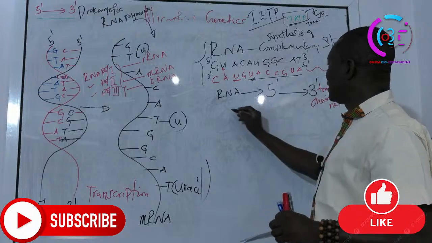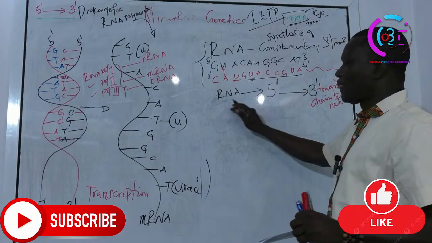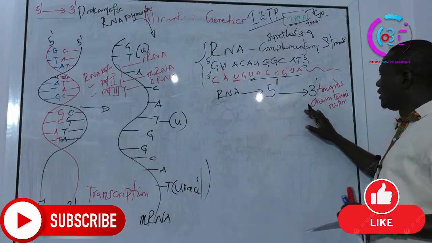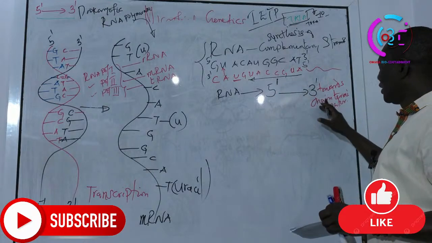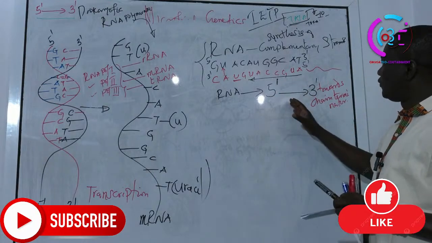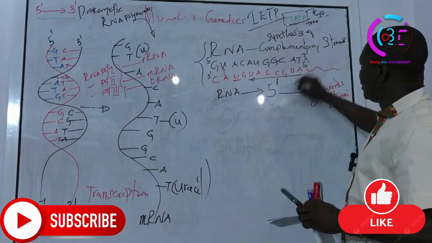And at elongation, the RNA will continue to move from 5 prime end to 3 prime end.